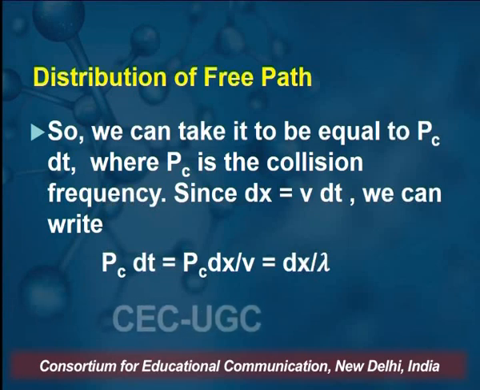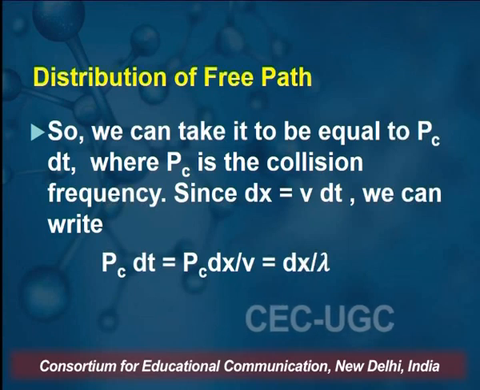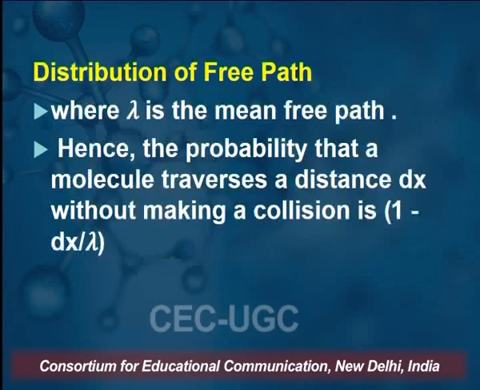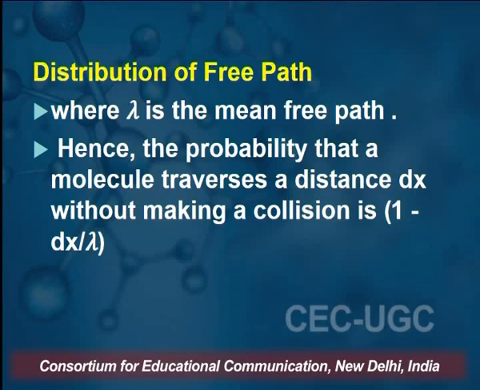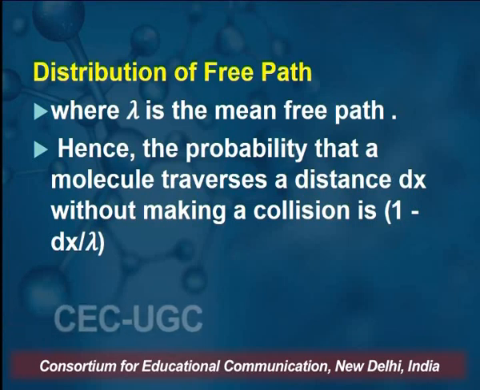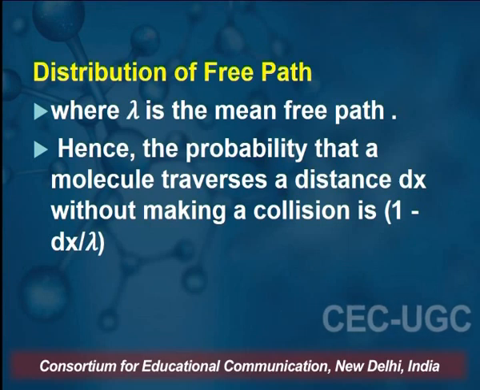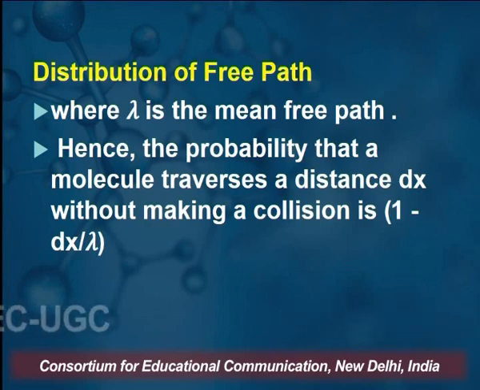Lambda is the mean free path, dx is the additional distance travelled in time dt, Pc is the collision frequency, and we have to now find out the distribution of free path. Hence, the probability that a molecule traverses a distance dx without making a collision is now 1 minus dx by lambda.